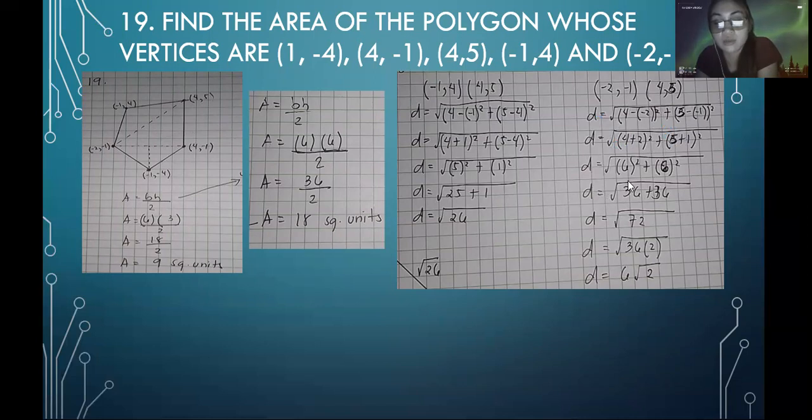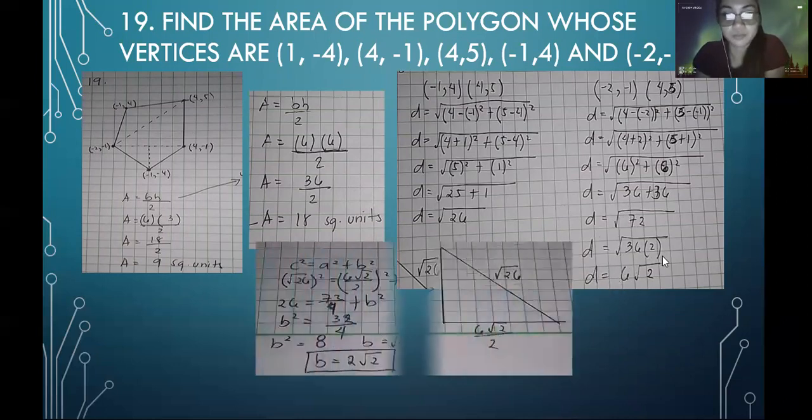So d is equals to the square root of 36 plus 36. So square root of 36 plus 36 is equals to square root of 72. Then factor square root of 72 will become square root of 36 times 2. Then the square root of 36 times 2 is 6 square root of 2.